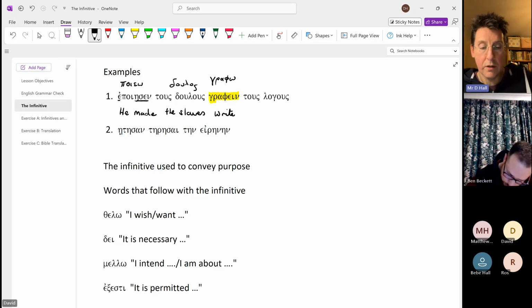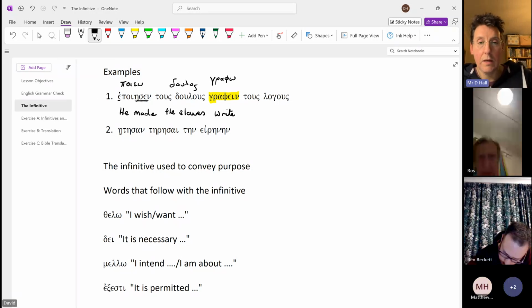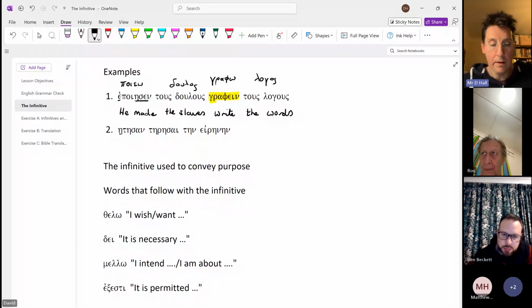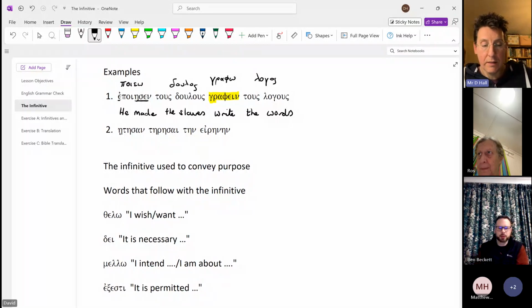So just a note here that the infinitive will follow with an accusative. So we are going to put accusatives after these. So he made the slaves write, and then this is the words or the message or something along those lines. Right, so this comes from logos. So there we have our sentence. He made the slaves write the words.